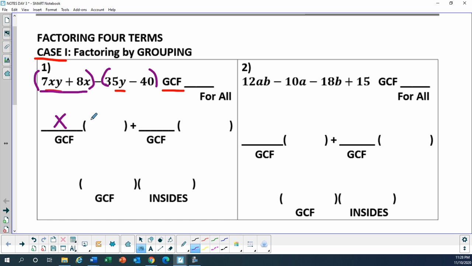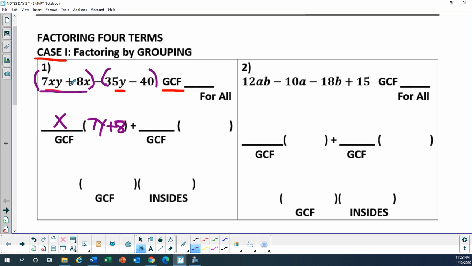So what is left is going to be 7Y plus 8, right? If I distribute this, 7XY is what I have, and then 8X is what I have. And then the next one, I have negative 35Y minus 40. They both have a number that I can take out from both of them, right?